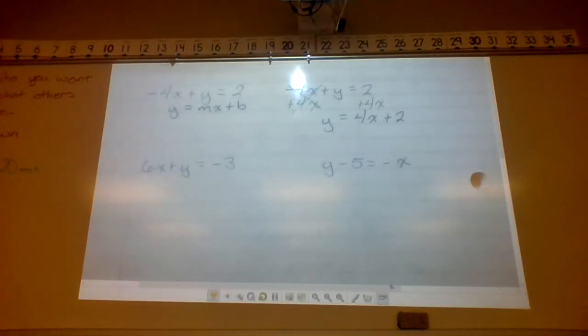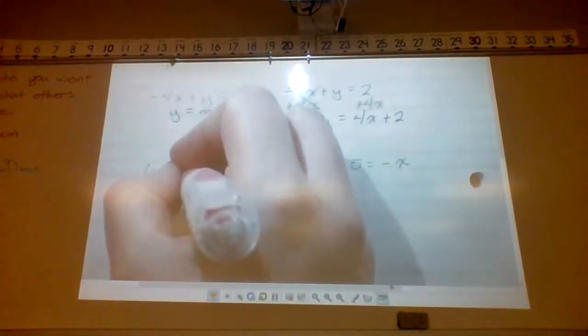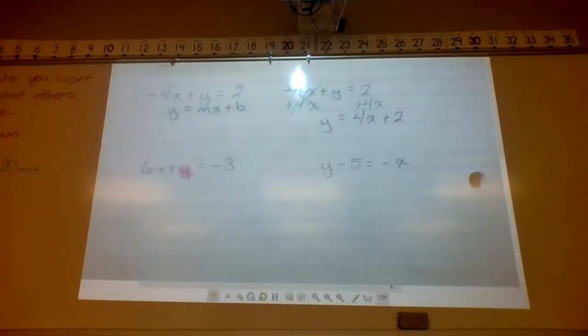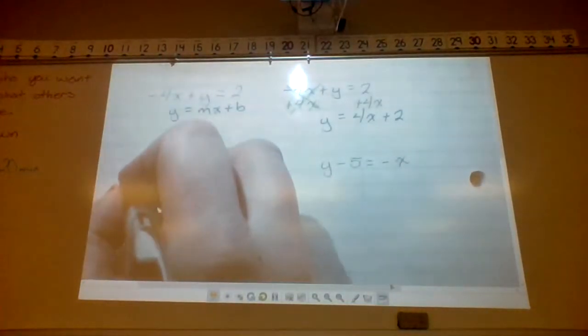Which variable needs to be by itself? Where's your y on the first one? Left or right? What is with the y? 6x. So what do we have to get rid of? 6x. How do we get rid of a positive 6x? You use the inverse. You add the inverse.